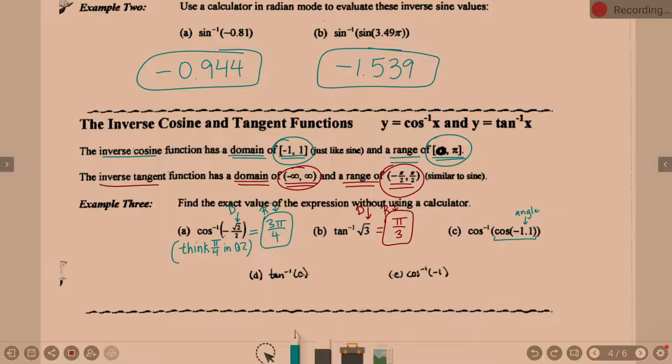No, because we don't even know what that 1.1 is, do we? That's not on our chart, where we have pi over 6, pi over 4, pi over 3. We can talk about our quadrantals like 0, pi over 2, pi, 3 pi over 2, and 2 pi. But it's not in here either, is it? Okay, so we're going to have to do a little special case thing here.